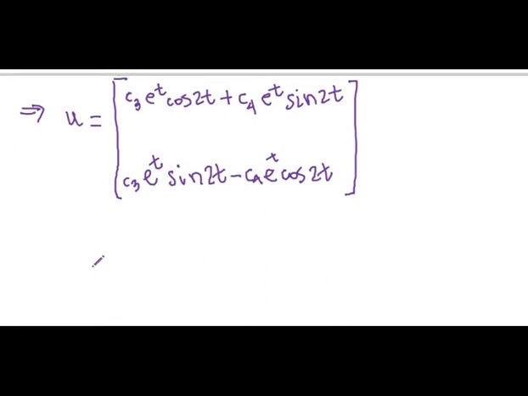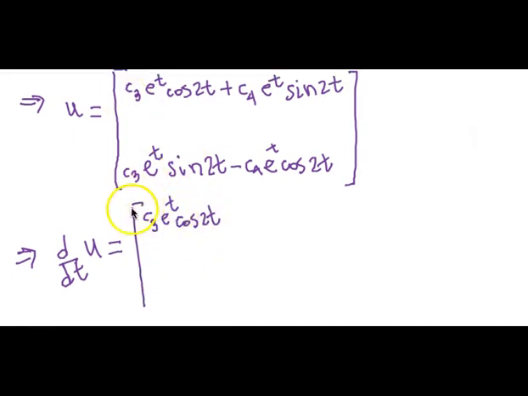So it's not too difficult to verify that this newly constructed solution that has zero imaginary parts actually satisfies the differential equation. And I say it's not too difficult because, well, you can say the derivative of u is obtained by differentiating each entry here. So the derivative of the first entry will look like C3 e^t cosine.